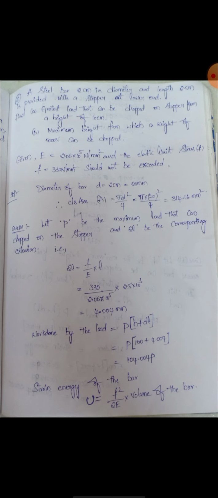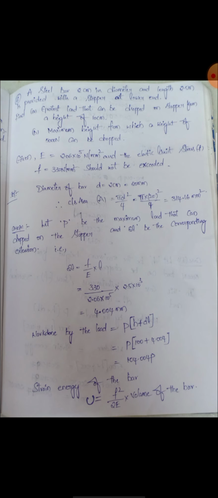We have to find out the greatest load and the maximum height. Given E equal to 2.06 into 10 power 5 Newton per mm square, and the elastic limit stress, nothing but f, equal to 330 Newton per mm square, should not be exceeded. So this is the given problem.